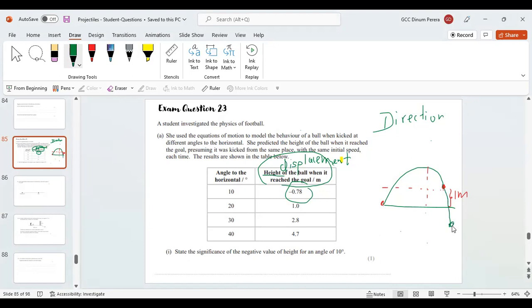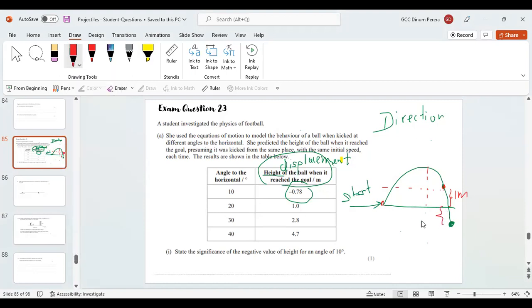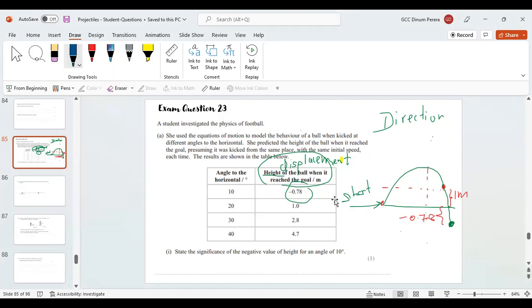That means somewhere here. This is the starting position, right? If the ball is below the starting position, we can consider it as negative. So negative 0.78 should be below the starting position, somewhere below the starting position. So your answer should be based on the displacement. Correct, everybody?